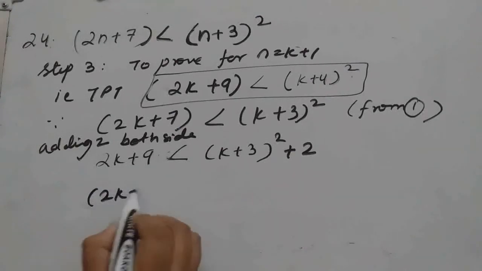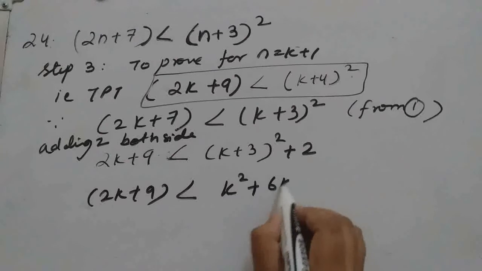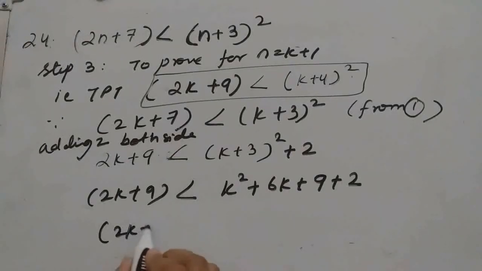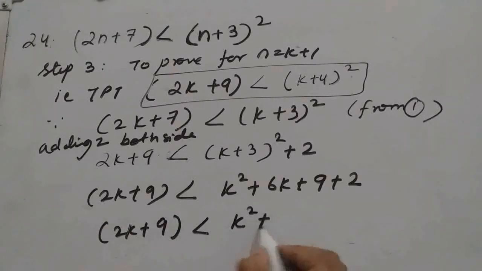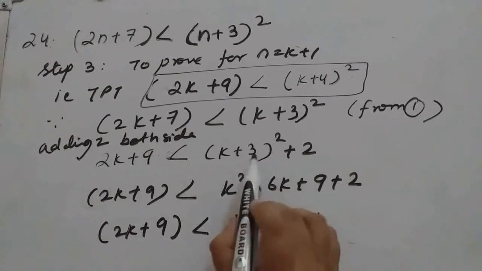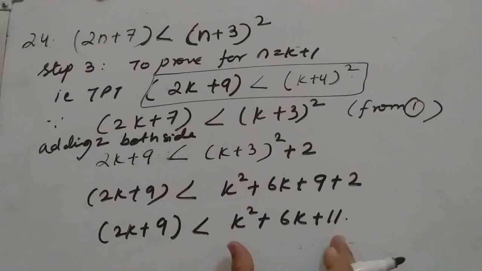So this we can open. So k square plus 6k plus 11.